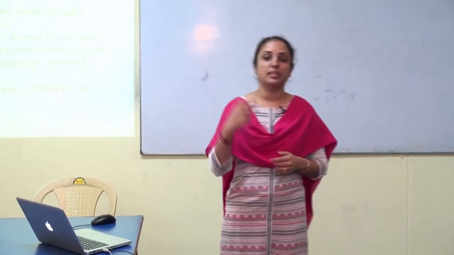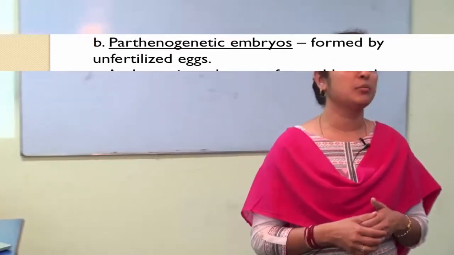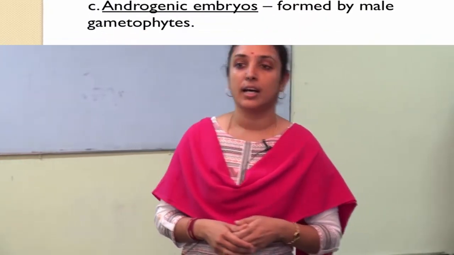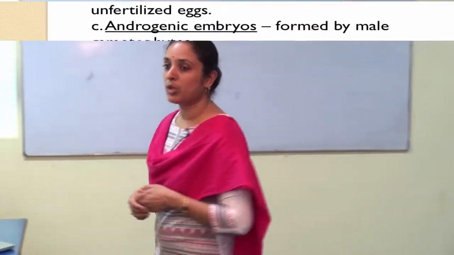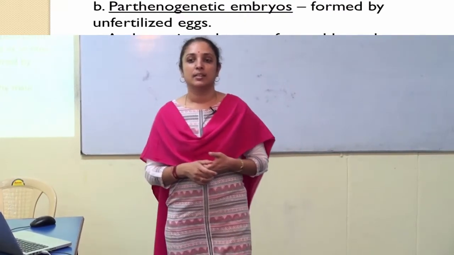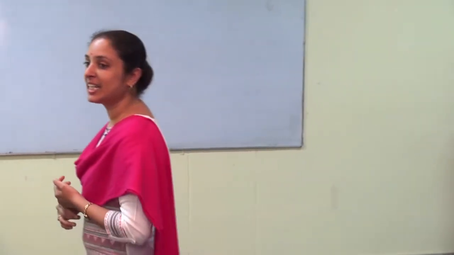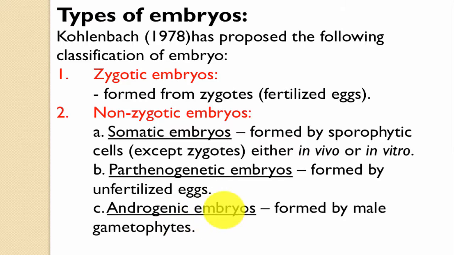And there are two other non-zygotic embryos. One is parthenogenetic embryos and the other is androgenic embryos. So what is parthenogenetic? Unfertilized eggs. Can you give one example of that? Seedless grapes. Very good. Androgenic embryos are formed from male gametophytes.